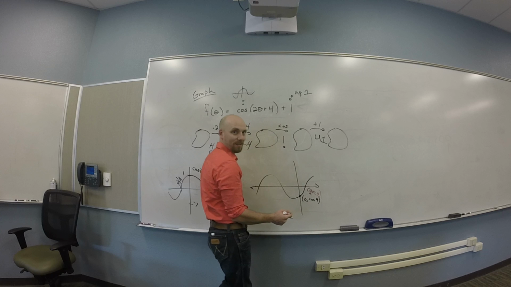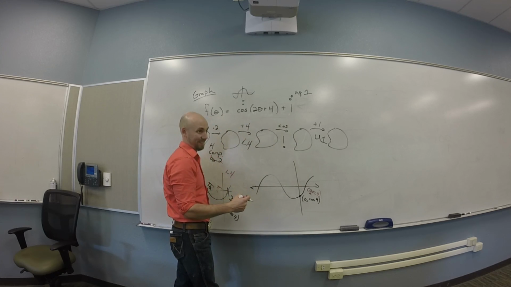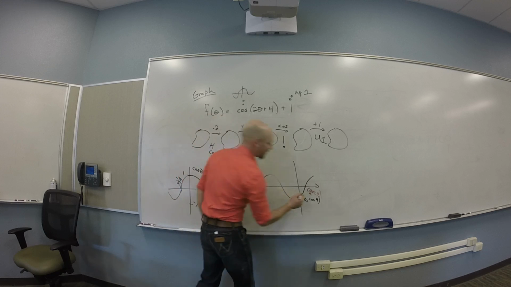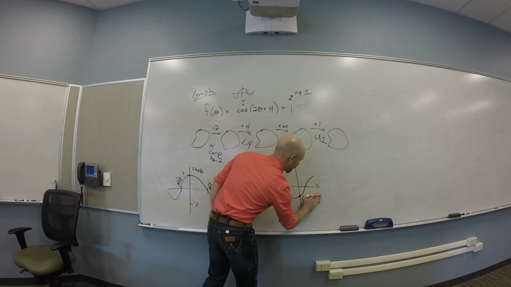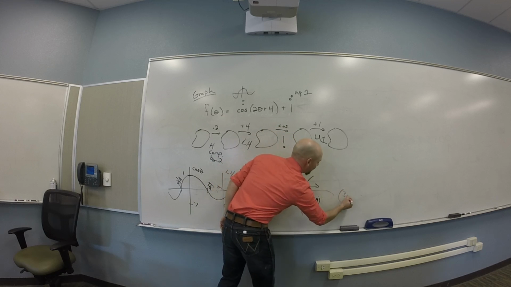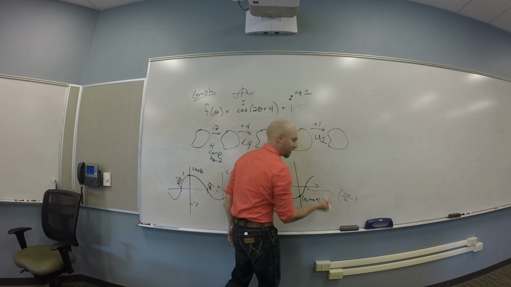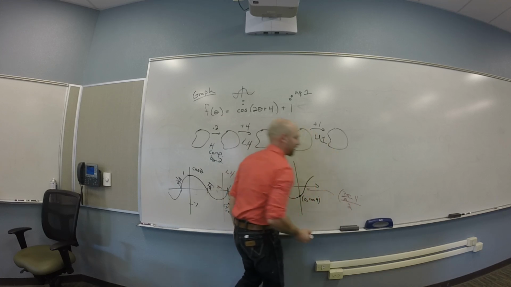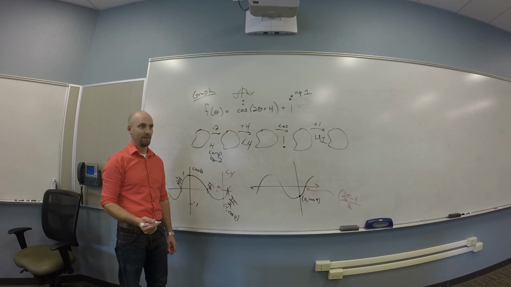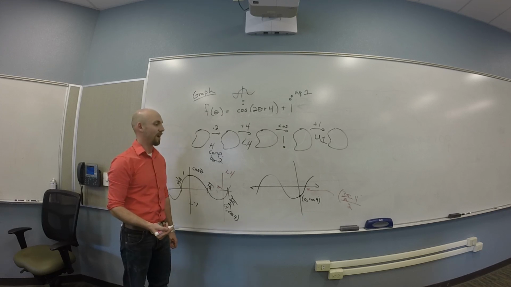And then I need to compress by 2, so I need that over 2. This guy here is going to be 3 pi over 2 minus 4, then divided by 2. You guys see that?